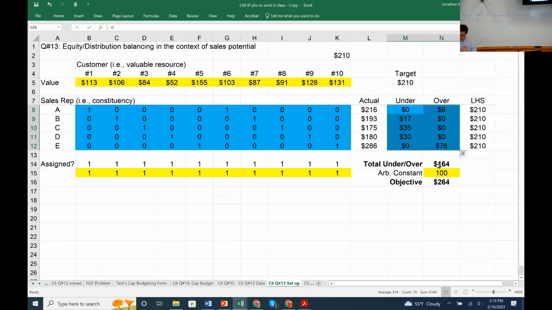And then the objective is just to minimize that underage and overage. That gives Excel an incentive to play around with the X's, play around with the decisions about which rocks go in which bags, to find the solution, the X's, that minimizes the total of the underage and the overage.